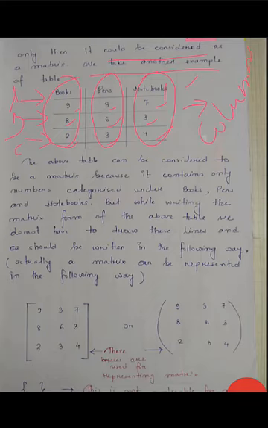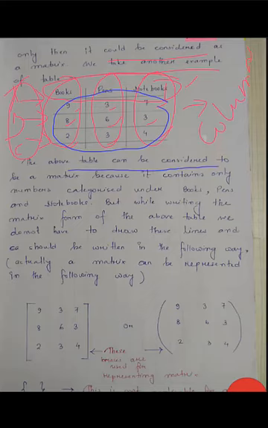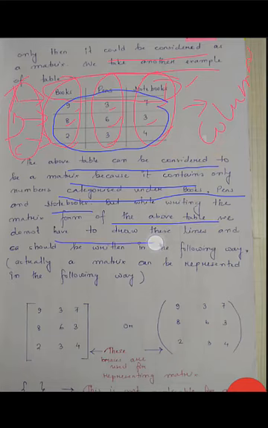If you forget these headings A, B, C and books, pens and notebooks, only these numbers will be left behind. So this table can be considered to be a matrix because it contains only numbers categorized under books, pens and notebooks. While writing the matrix form of this table, we do not have to draw these lines.